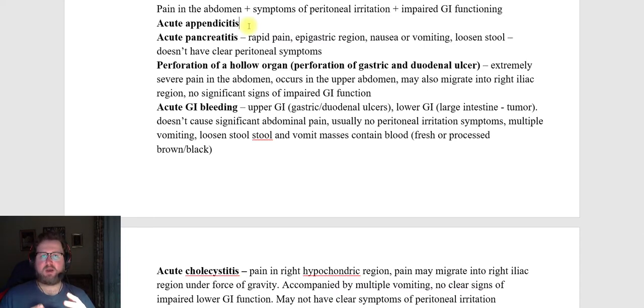Either he has a local inflammatory response, or his inflammatory response became systemic already.